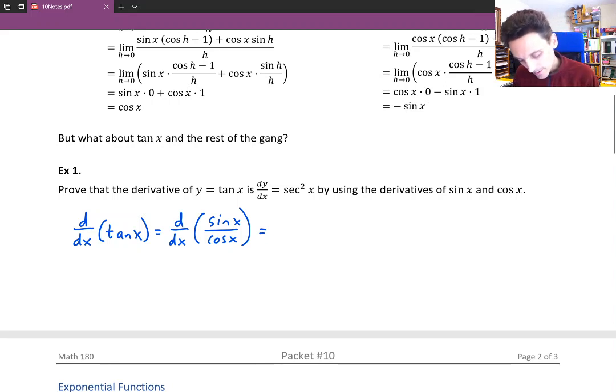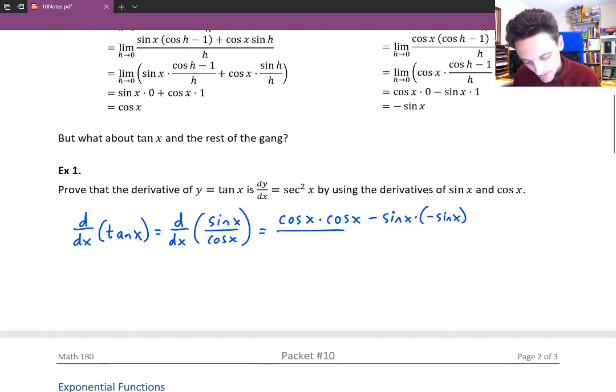So we're going to go through the quotient rule. Low d high. The d high, the derivative of sine x, we just proved was cosine x, minus high d low. Remember, the d low, the derivative of cosine x, we just proved was negative sine x, over low squared.